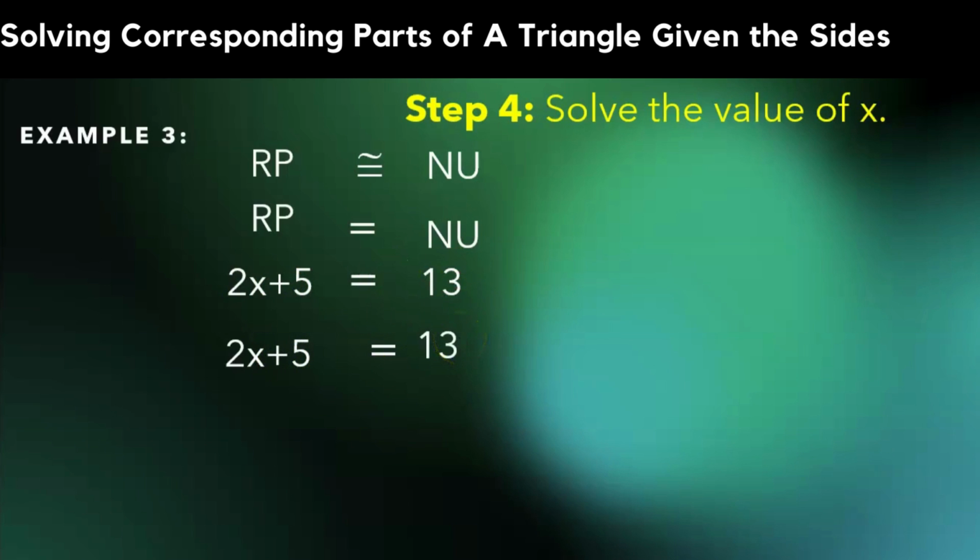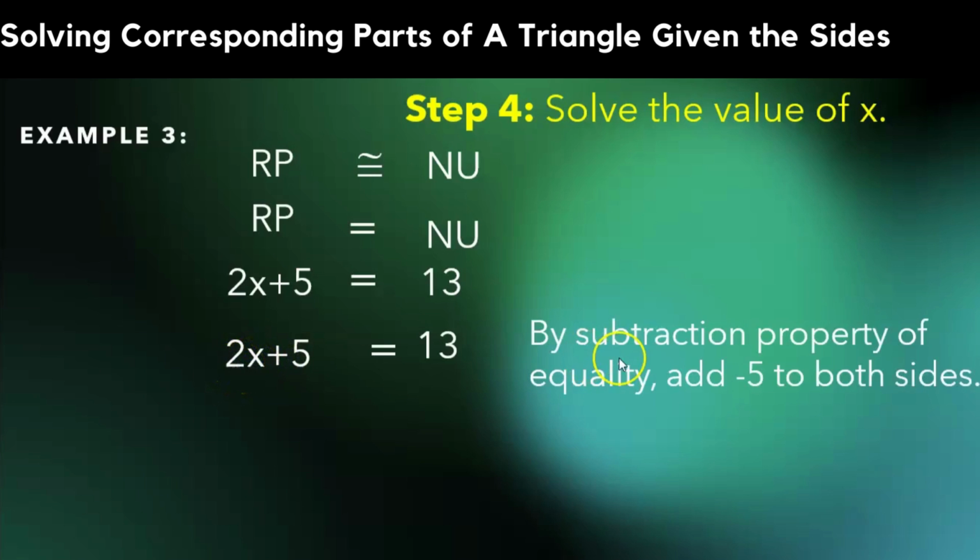Ang kailangan po natin ay yung x, yung may x. Kailangan matanggal po natin yung kasama ni 2x. So, by subtraction property of equality, we're going to add negative 5 to both sides.